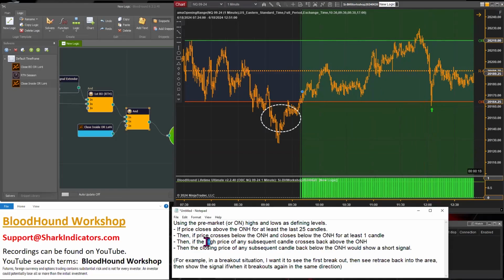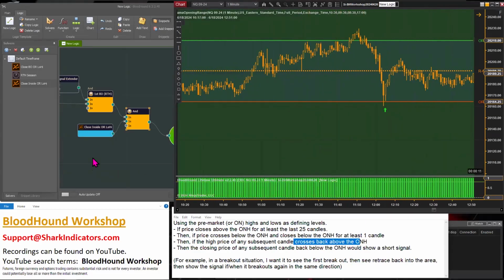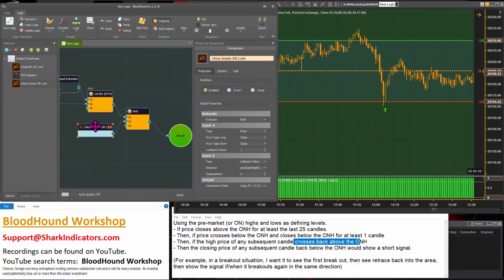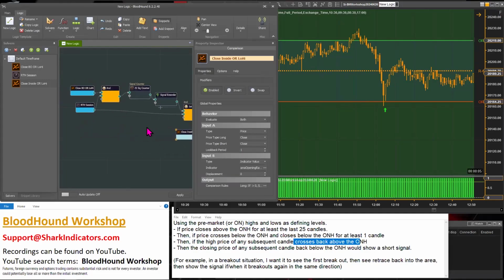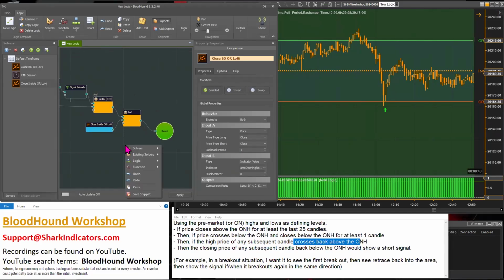So I'm having to reverse all of this here. Let's see. I am going to copy this solver again and put it down here, paste that.